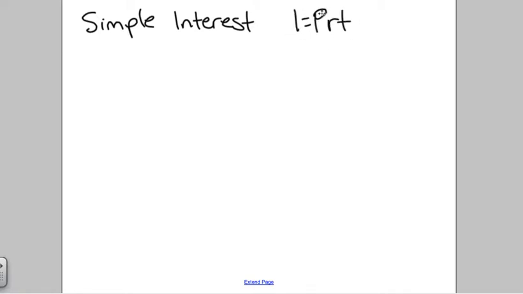So simple interest is I equals PRT. We also have our future value for simple interest, A equals P times 1 plus RT. Our present value is A divided by 1 plus RT.